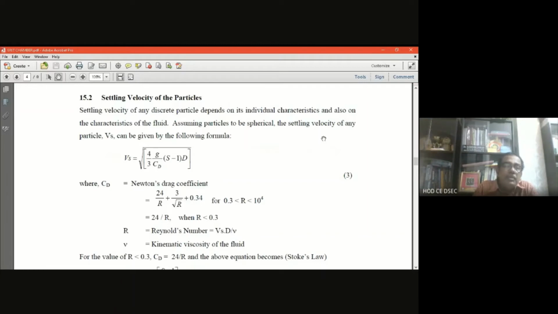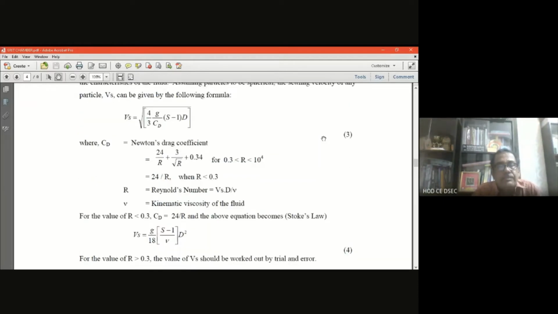The general formula of the settling velocity, including the drag coefficient, is Vs equals square root of 4 by 3 times g by CD times (s minus 1) times d, where CD is Newton's drag coefficient, equal to 24 by R plus 3 by square root R plus 0.34 for R greater than 0.3 but less than 10 to the power 4. And if R is less than 0.3, then it is 24 by R.